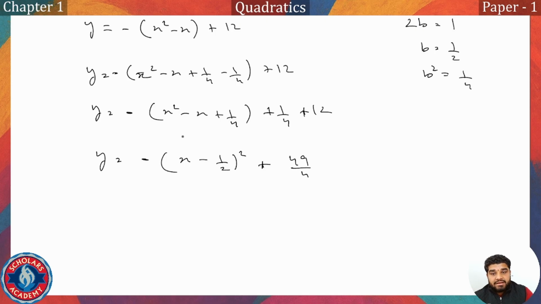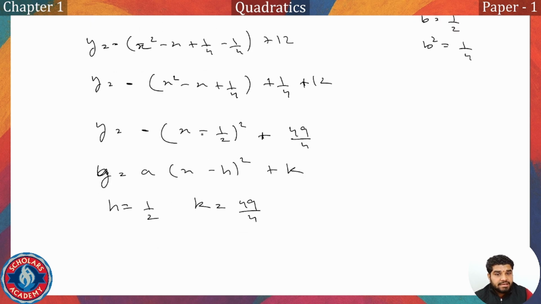If I compare it with y is equal to a x minus h whole square plus k, I get h is equal to 1 by 2 and k is equal to 49 by 4. It means the vertex is 1 by 2 comma 49 by 4. All right, so this is the point of vertex.